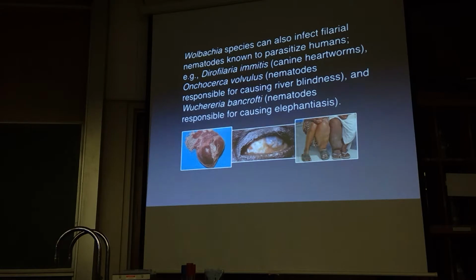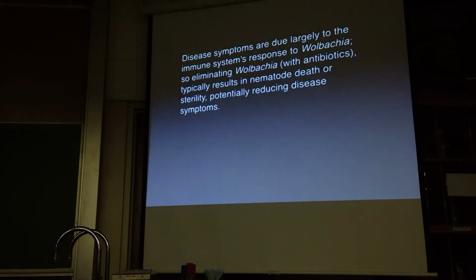Well, it turns out that the symptoms of disease associated with infections with Dirofilaria or Onchocerca or Wuchereria have to do with Wolbachia. And so people are finding that if they can treat the people that are infected with these roundworm parasites with antibiotics and kill the Wolbachia, then oftentimes that gets rid of the symptoms. And also the inflammatory response is more a response to Wolbachia than it is to the parasites.